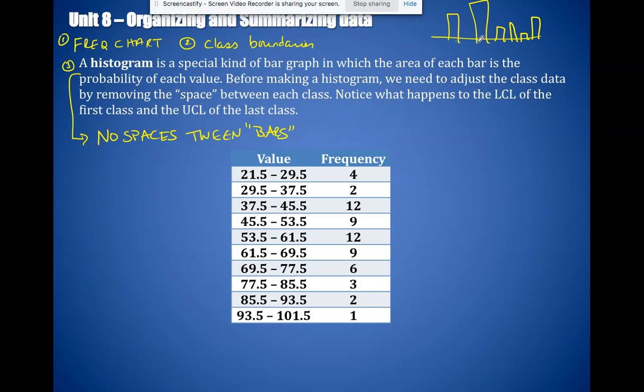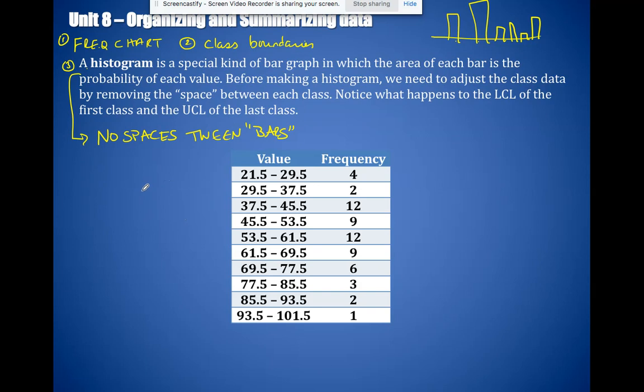Right? Spaces between each bar. Now, if you look at the frequency table we made, the frequency table went from 22 to 29 and then jumped from 29 to 30. That's a space. That's why you can't go from a frequency chart right to a histogram. You have to find your class boundaries first.